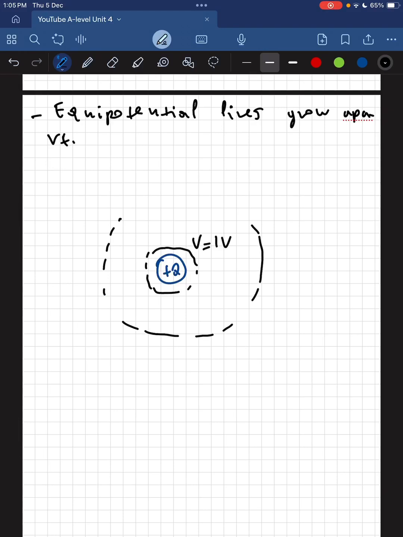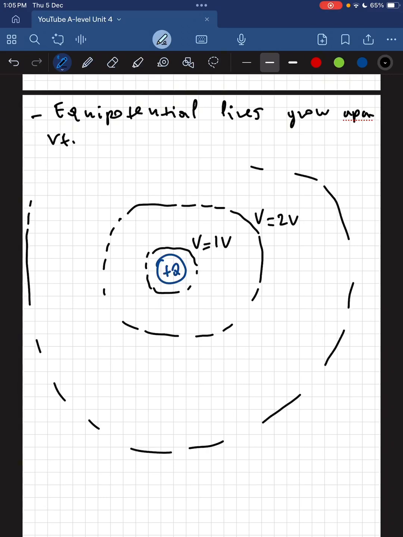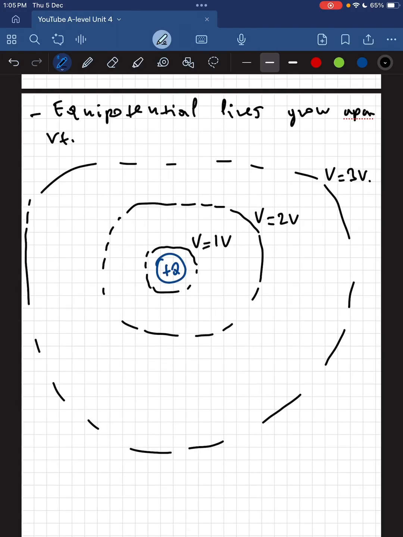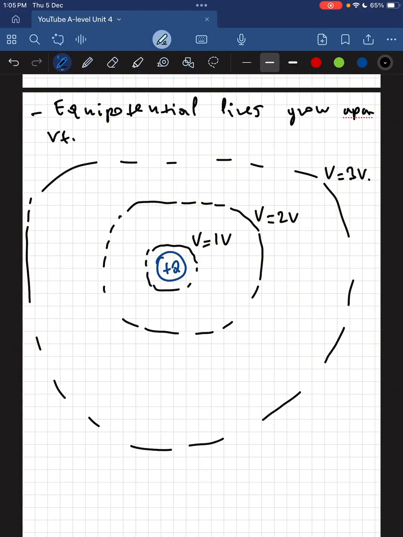Then if that's 1 volt, the 2 volts is going to be over here. The 3 volts is going to be further out. So you immediately see that the increment is 1 volt, but you cover more distance to find the next equipotential line that increments the initial volt by 1 volt. So the more you move outwards, the easier it is to move away from the electric potential. This is what I mean by equipotential lines growing apart.